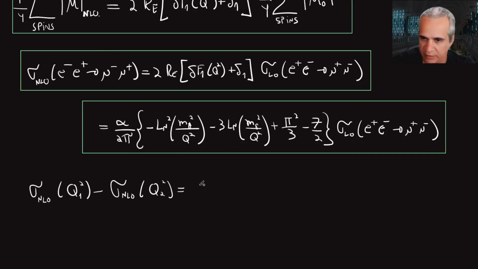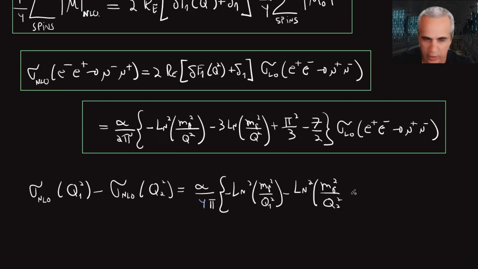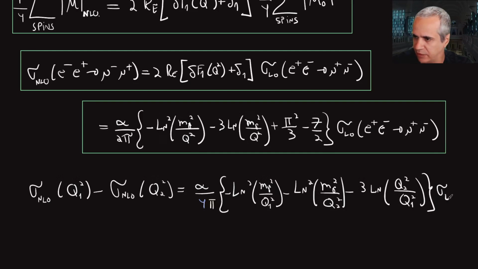So this will be just alpha over 4 pi, log square m gamma square over q1 square minus log square m gamma square over q2 square. This part actually you get rid of the gamma, right? 3 log of q2 square over q1 square. All of these times the sigma at leading order.